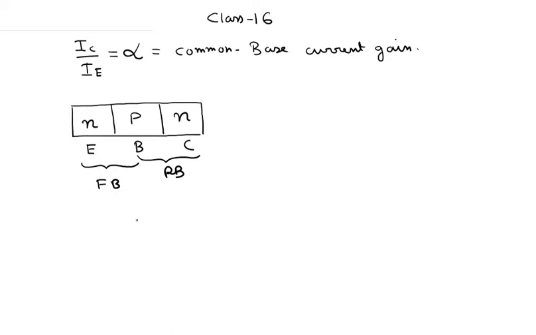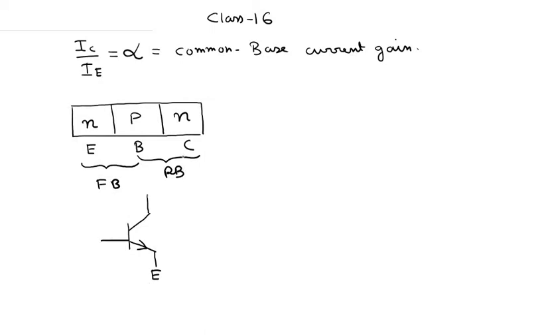Okay, and we have also discussed the reasons for these things the last day, so I am not repeating them. Let us discuss the symbol for an NPN transistor. This is the symbol of an NPN transistor. This arrow is put at the emitter, and the direction of the arrow denotes the direction of current flow. As we already know, current flows from P to N and not in the reverse direction.